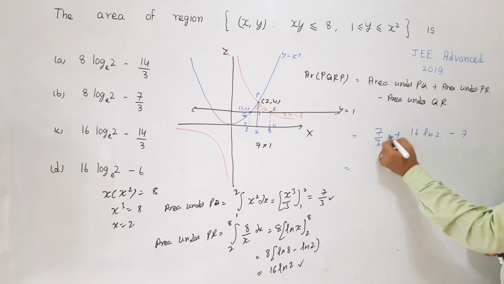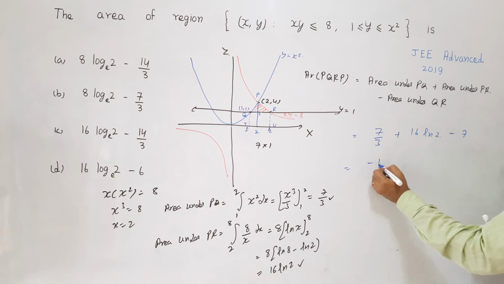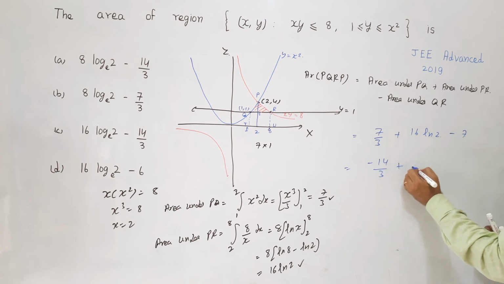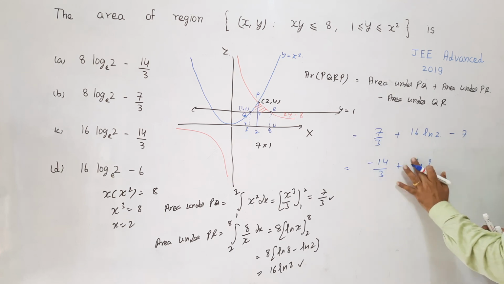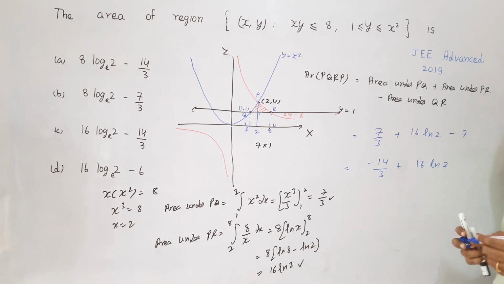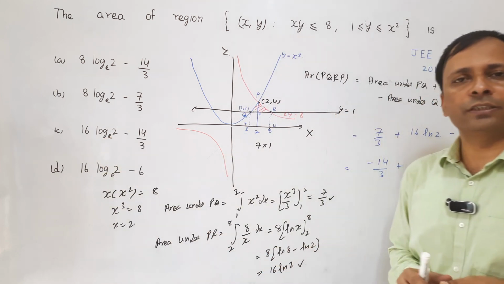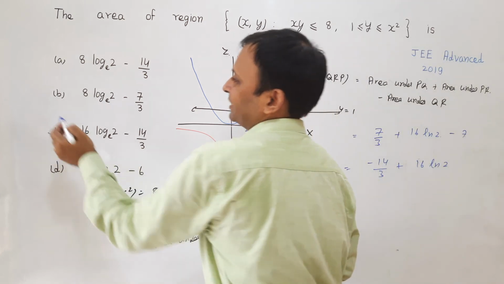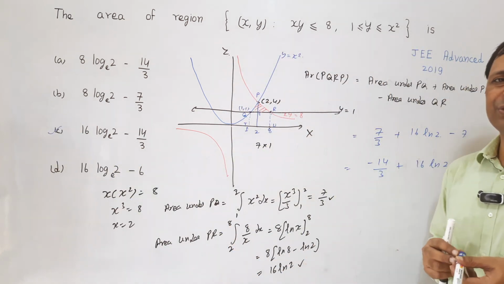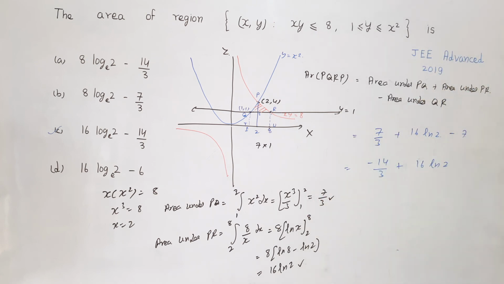Now here I get 7 by 3 minus 7, which is 7 minus 21, that is minus 14 by 3, plus 16 times log of 2. So the required area will be 16 log 2 minus 14 by 3, and this is coming under option C. So option C will be the right answer to this question. So this way we can completely solve this question.